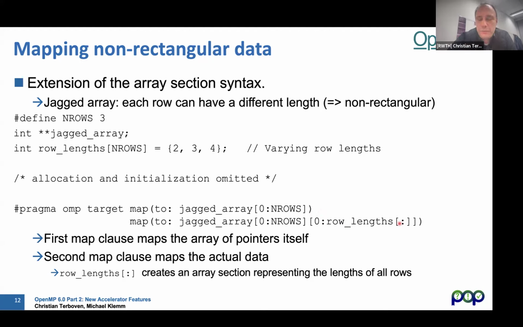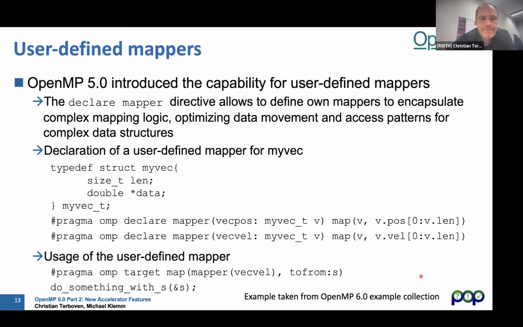That means we can express something that's not part of the C and C++, or maybe even Fortran base language, so that the compiler can generate corresponding mapping code. You have maybe seen similar extensions before when we had array slicing and array sectioning support, both in accelerator programming, but also in expressing task dependencies. So with this kind of 2-step mapping, we can map jagged arrays.